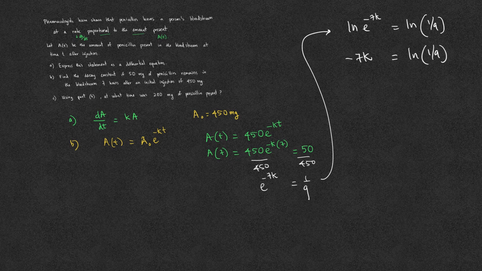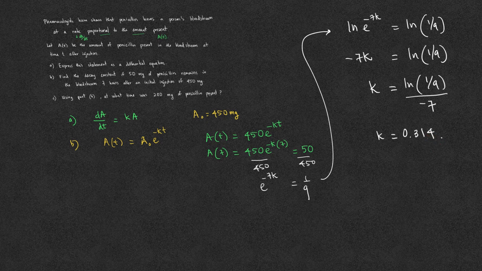Don't use decimals in the intermediate step. k is ln of 1 over 9 divided by negative 7. And so put this in the calculator. We have k equals 0.314, rounded to 3 decimal places, or rounded to the number of decimal places that is specified in the problem.